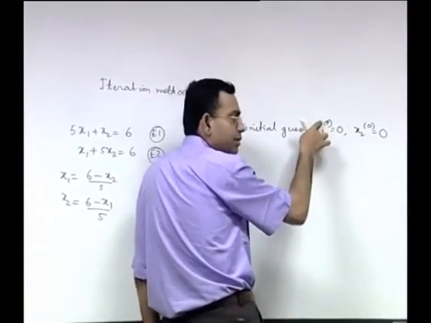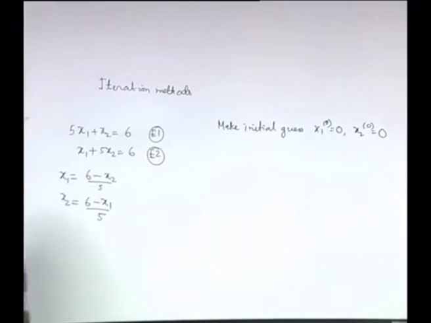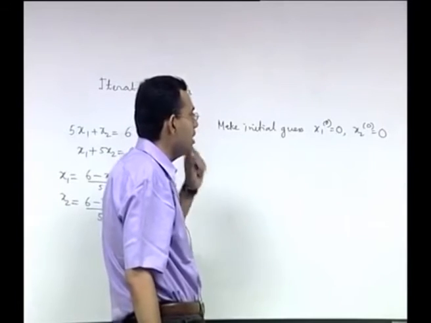The superscript indicates the level of iteration. 0 means that is the initial guess. Now you try to update on this initial guess.